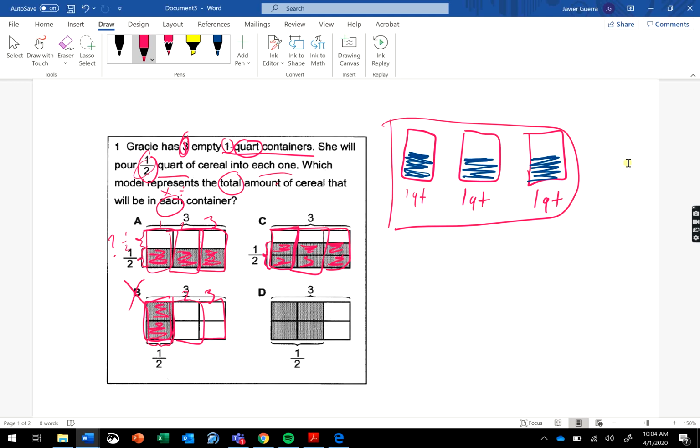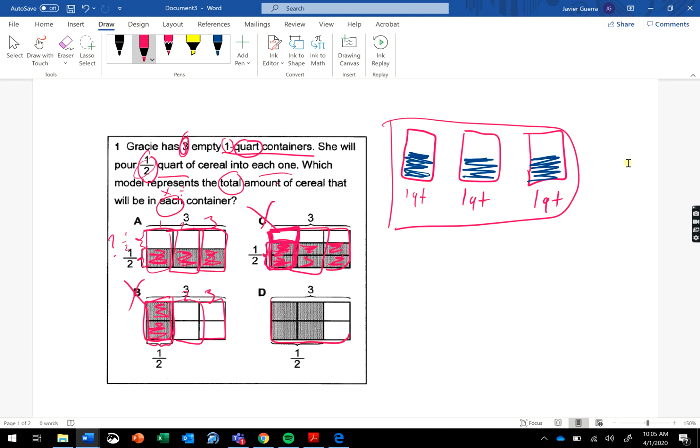So this is not considered a half, right? That would be a quarter of it, right? A quarter of it that's empty. So since we need 2 squares to fill in a half, these containers are not complete. It's not one whole, right? It's telling us that this is showing us here that it's 1/2 filled in. This is only giving us 1 square at the top. So that doesn't make any sense. We need to find one that is showing us 3 containers that have a half filled in. So that doesn't work. And then we look at D.